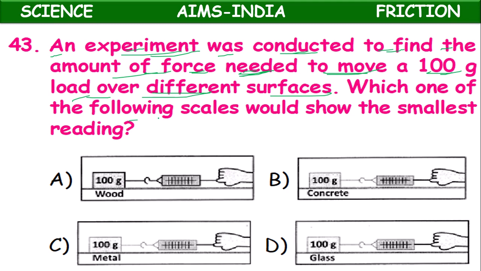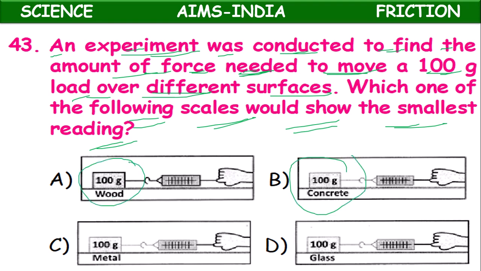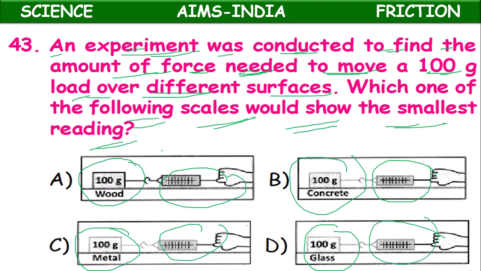Which one of the following scales would show the smallest reading? 100 grams on wood, concrete, metal, glass. We are pulling them with the help of a spring balance. In which case can we observe the smallest reading?